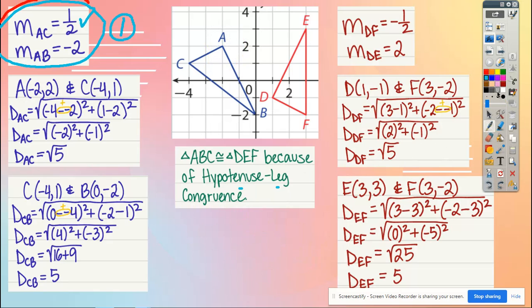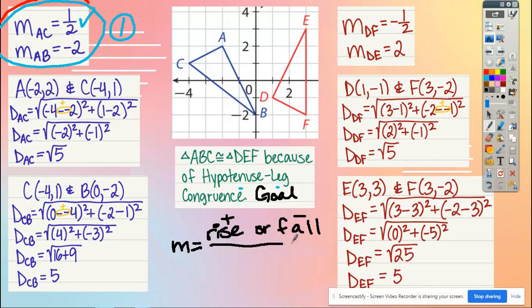So let me make space here. I'm just going to put that this is our goal, but I'm going to put your slope is rise if it's positive, or fall if it's negative, run to the right. As long as you start from points from left to right.